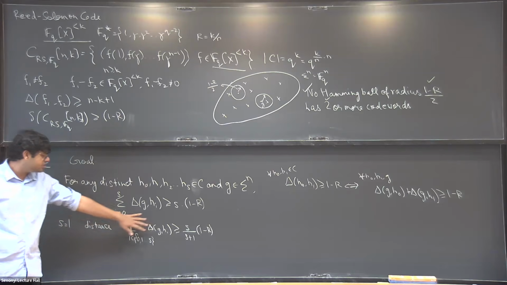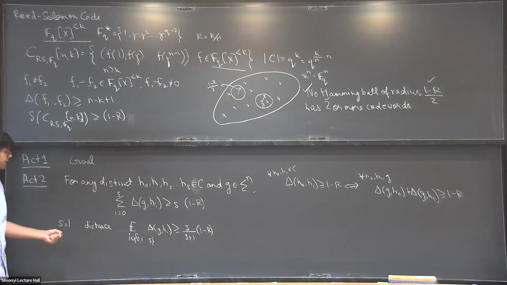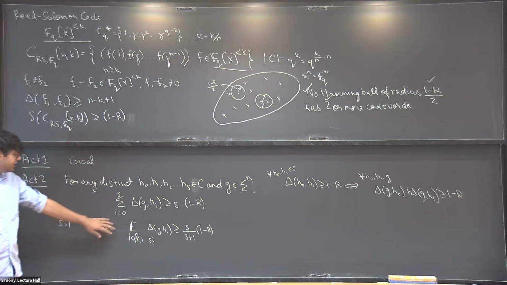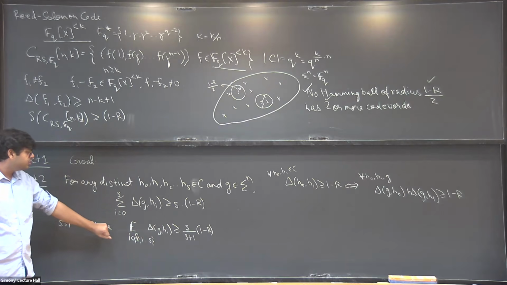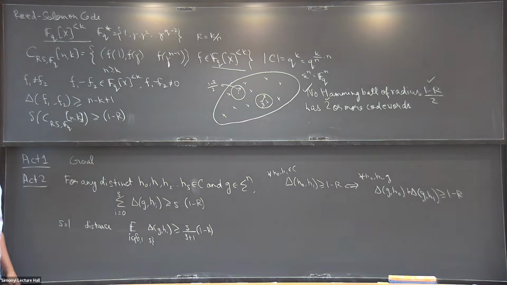And if the expectation of such distances is more than S over S plus 1, then it means that the maximum out of these would be definitely more than S over S plus 1. So if we take any S code words like this, they can't all be in the ball of radius S over S plus 1, 1 minus R.